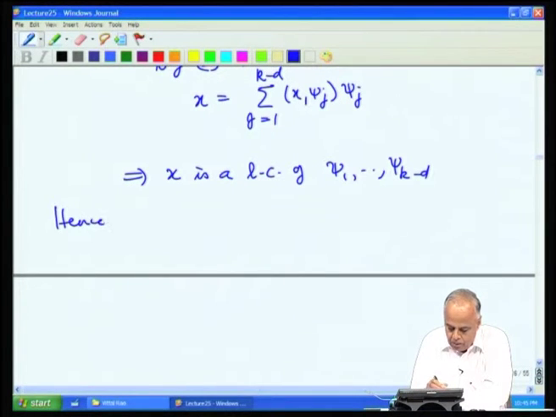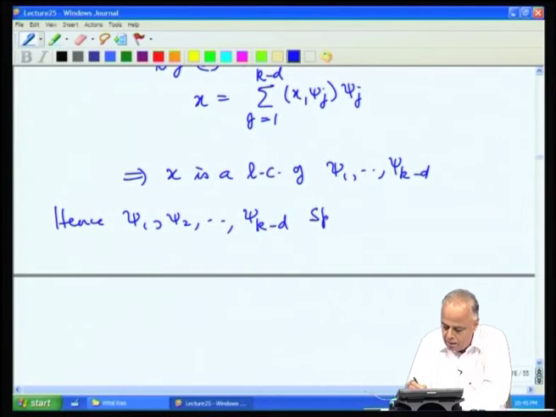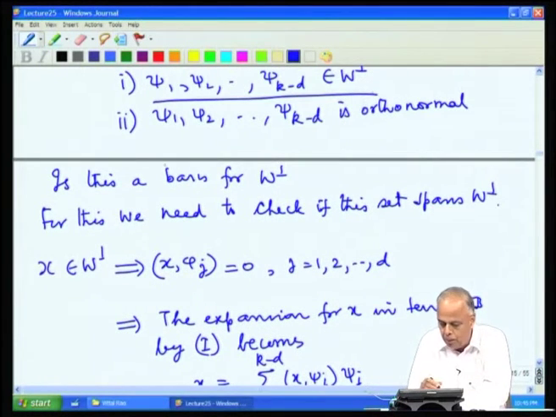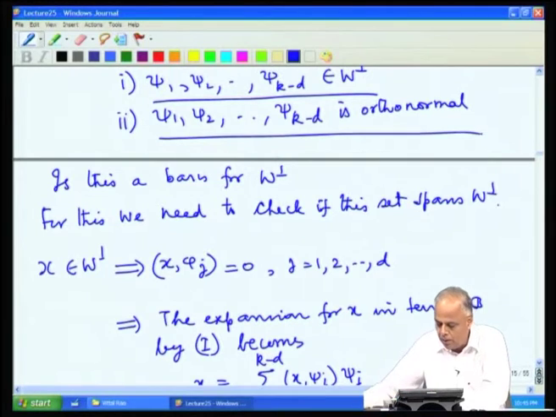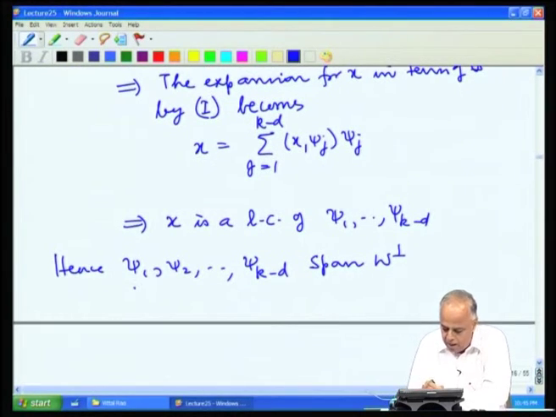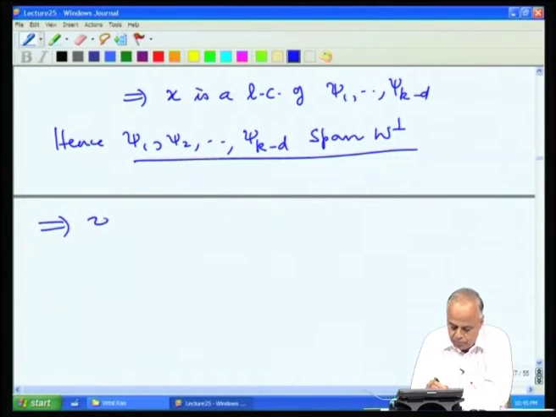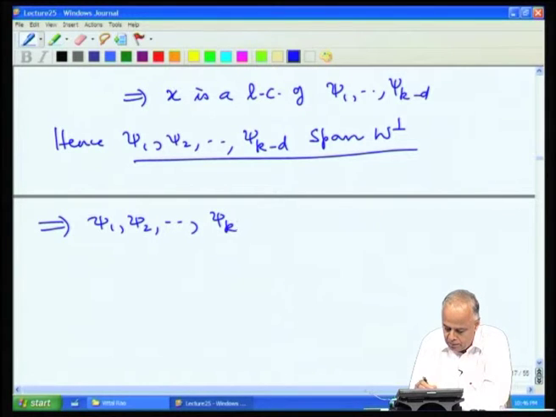Hence psi 1, psi 2, up to psi k minus d span W perp. So, we have seen that they are in W perp, they are orthonormal, and now they span W perp, and hence they form a basis, an orthonormal basis for W perp.